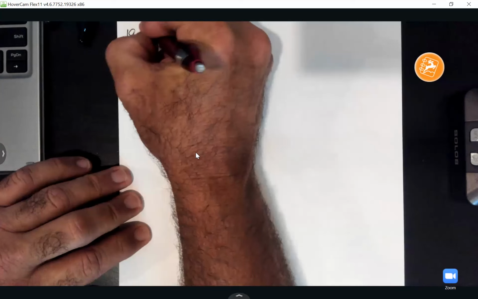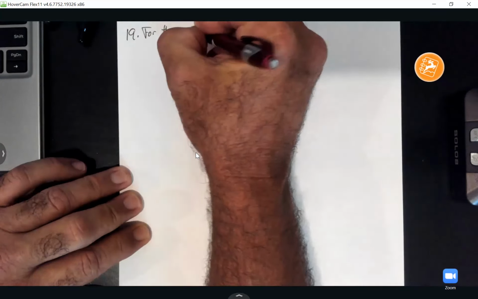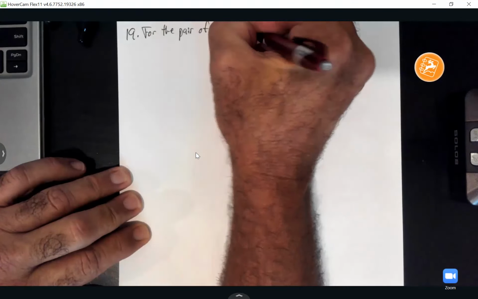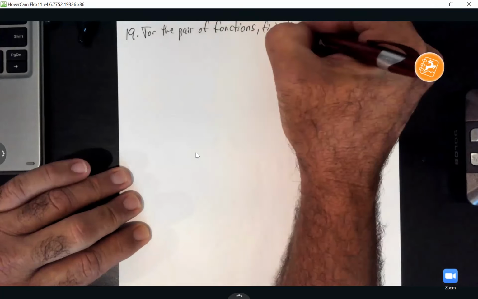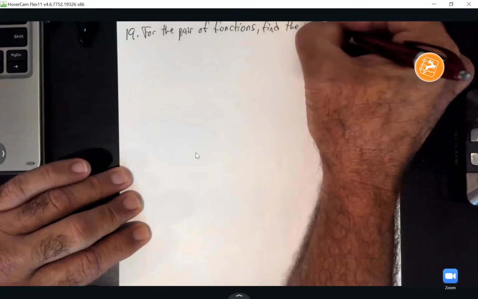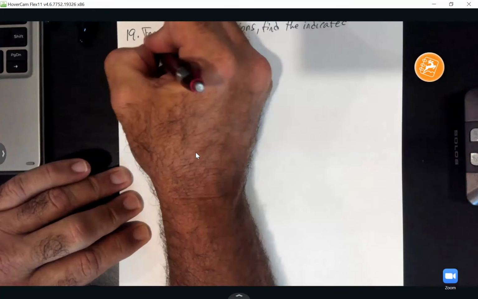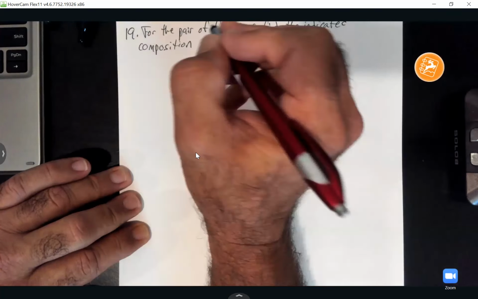So this one says for the pair of functions, find the indicated composition. All right, y'all.